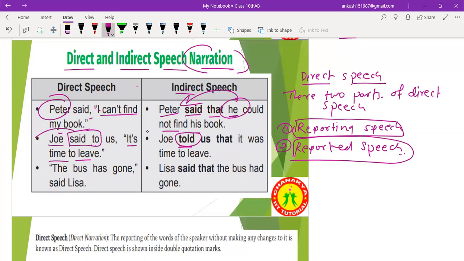Say or says would be changed into tell and tells. Whenever said is followed by to, you do not use the same word. Suppose only said is written, so you can use said as it is. But whenever it is written said to, you have to transform it into told. Have you got it?